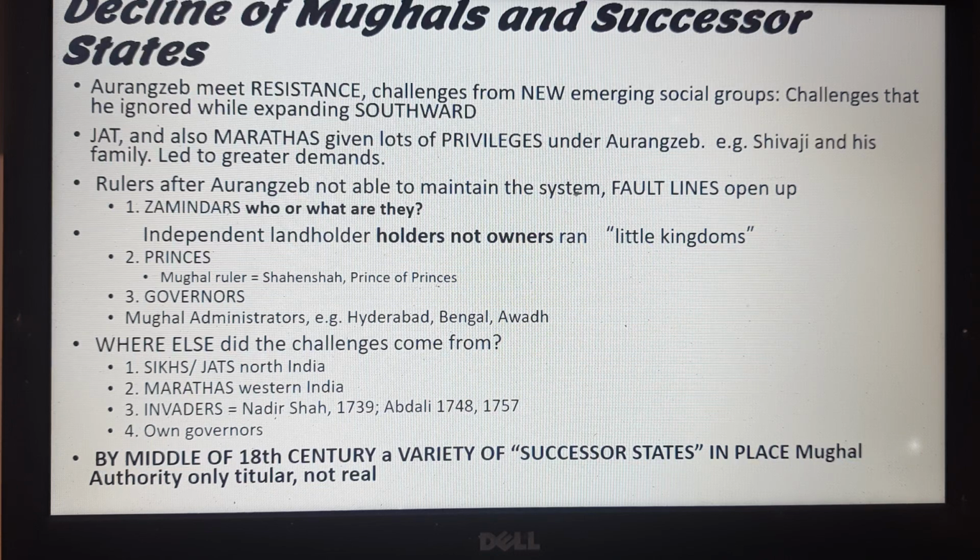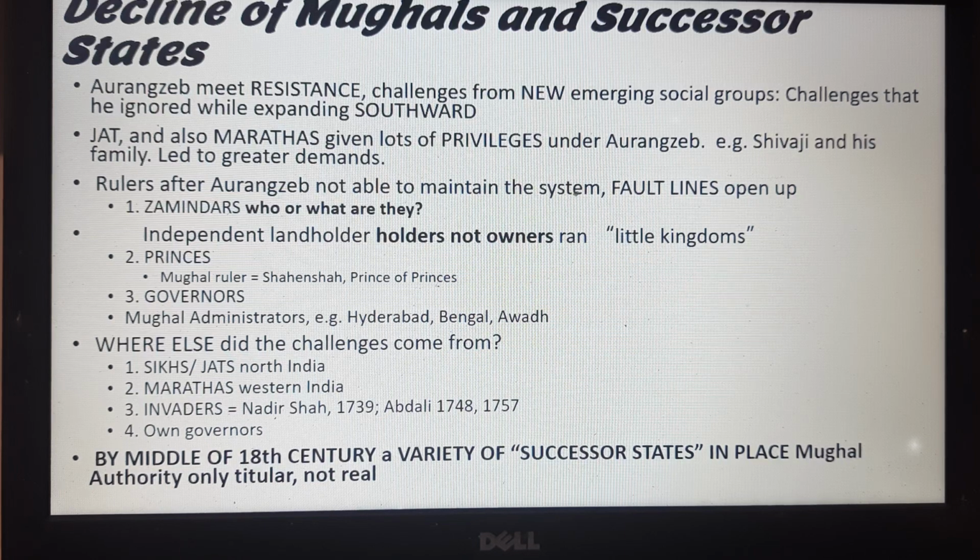Aurangzeb also supported the Jats and Marathas because he knew that without them he could not rule. For example, Shivaji and his family led to greater demands. So what Shivaji and his family were demanding, Aurangzeb had to provide. Rulers after Aurangzeb were not able to maintain the system, and fault lines opened up. After Aurangzeb, whichever son ruled was not able to rule properly.